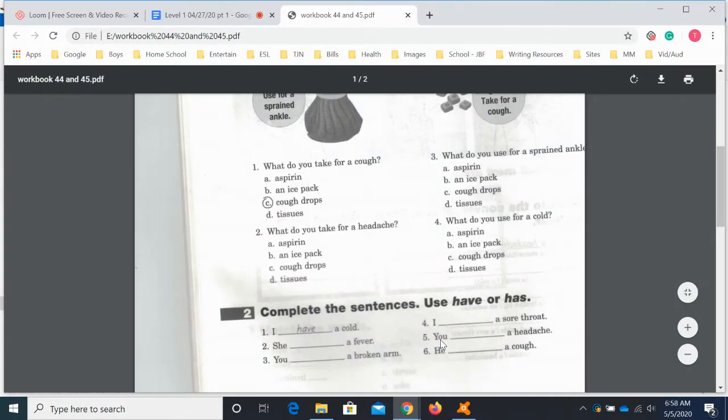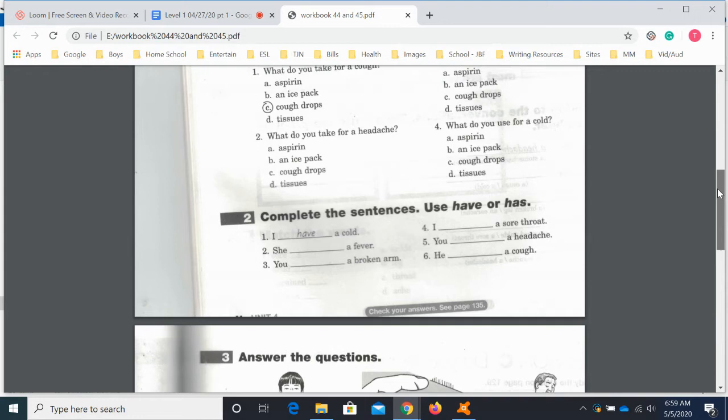Number 5, you have a headache. And number 6, he has a cough.